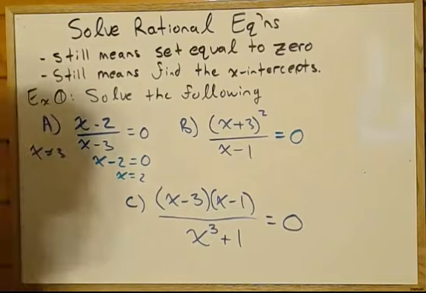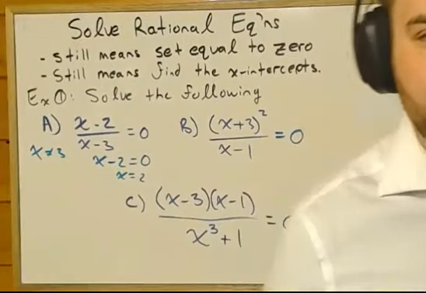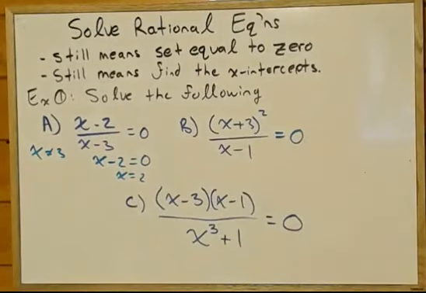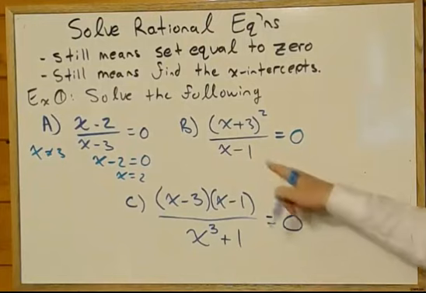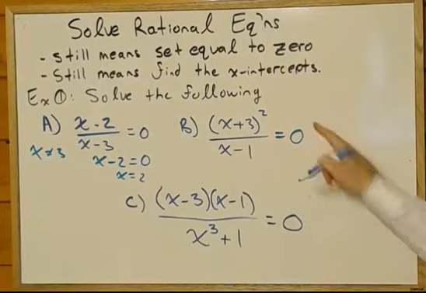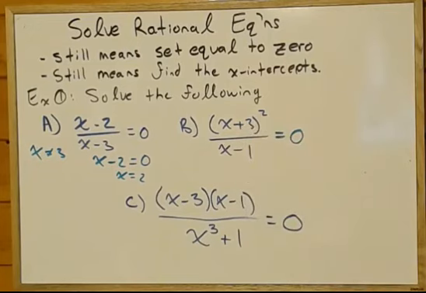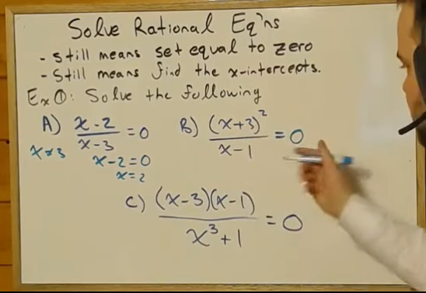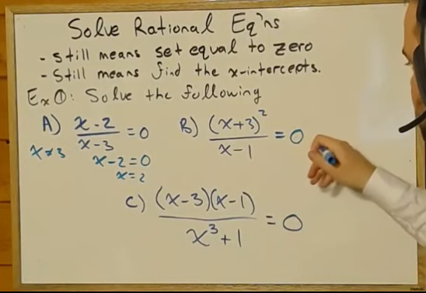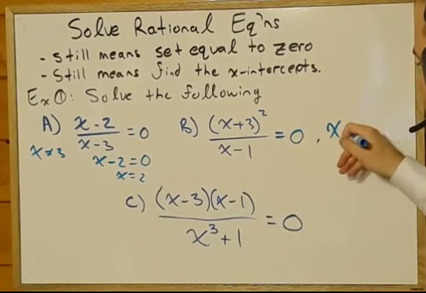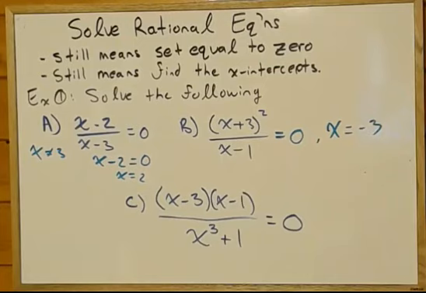Okay. What about B? We have here x plus 3 squared over x minus 1. So here, multiplying both sides by x minus 1, we have x plus 3 squared is equal to 0. So we can just make this stipulation here that x is equal to negative 3.